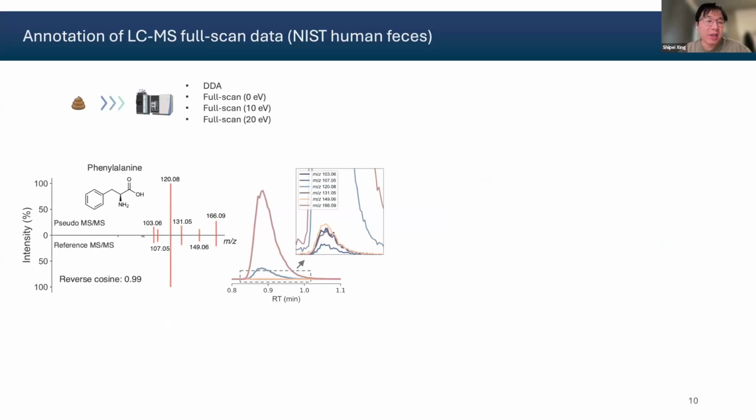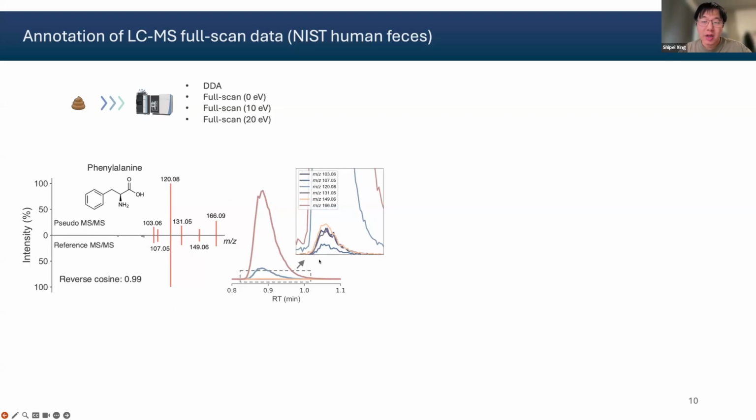We collected data under DDA mode and full scans with different in-source energies of 0, 10, and 20 volts. Here is an example of annotating phenylalanine using its pseudo-MS2 spectra by matching against two reference MS2 libraries.